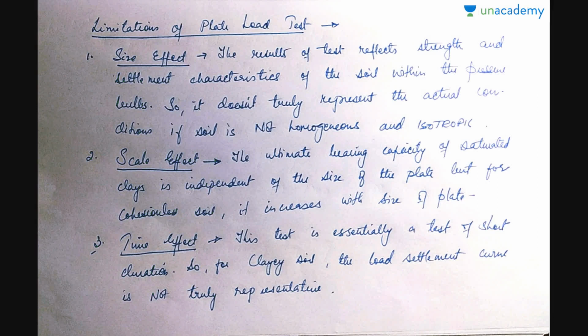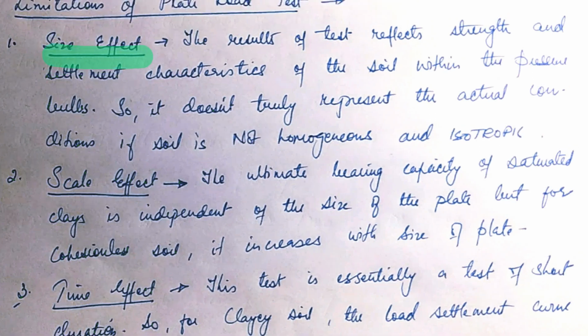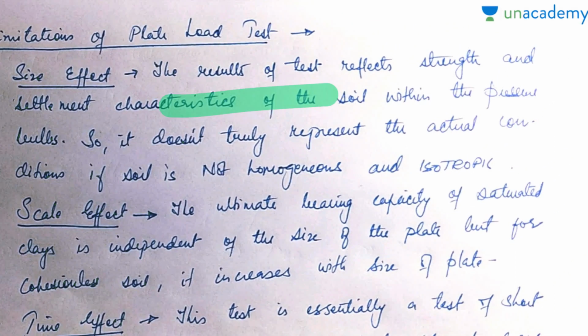Now there are a lot of limitations of this plate load test as well. The first one is size effect. Size effect means that the results of the test reflect strength and settlement characteristics of the soil within the pressure bulb, so it doesn't truly represent the actual conditions if the soil is not homogeneous and isotropic to a sufficient depth.